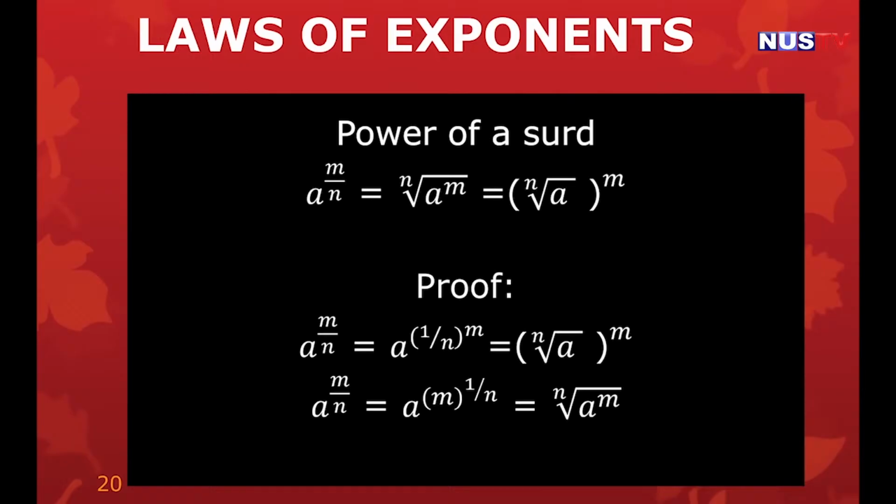A to the power of m divided by n is the same as A to the power of 1/n, to the power of m, and you can rewrite it as the nth root of A, all to the power of m. Or you can have A to the power of m divided by n equal to A to the power of m, and also to the power of 1/n, and then you can rewrite it as the nth root of A to the power of m.